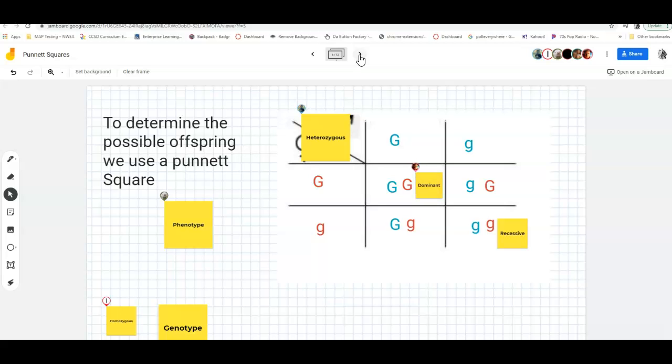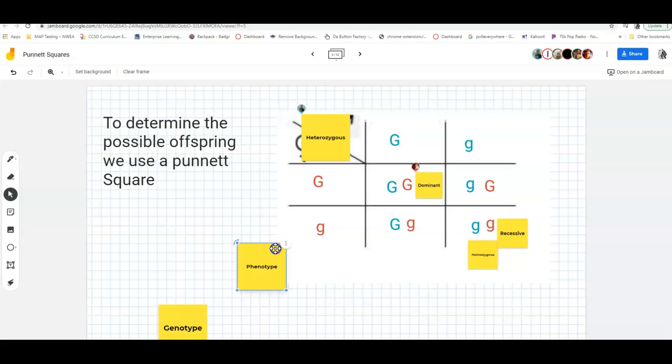And then homozygous is there. Right, two of the same, little g, or you could have put it over here, big G, big G.